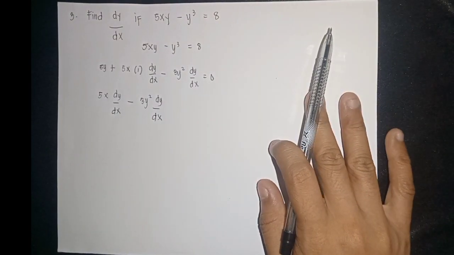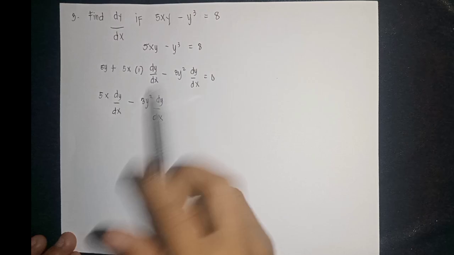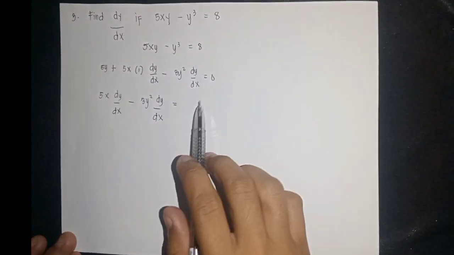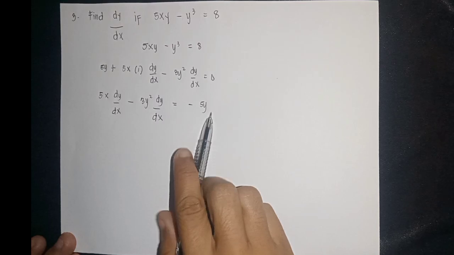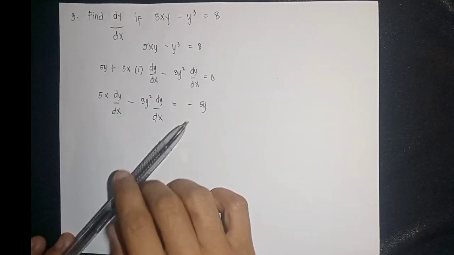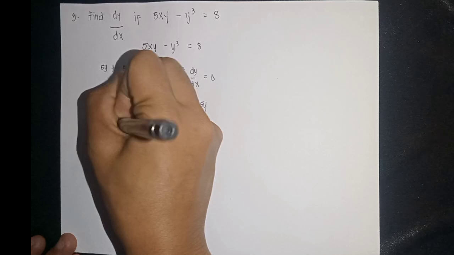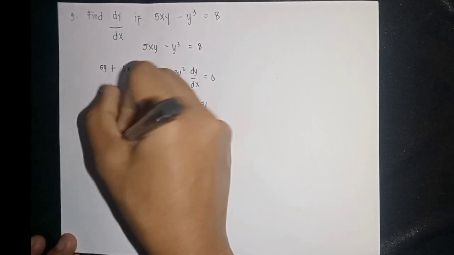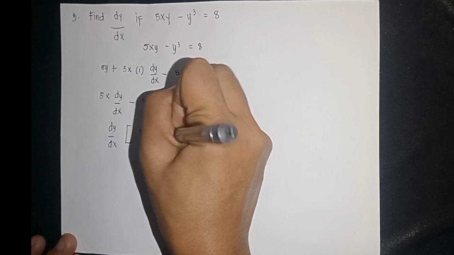And then it is equal to negative 5y. As we notice, the sign changed because we transferred it to the right side. And then after this we need to divide to cancel out 5x minus 3y squared.